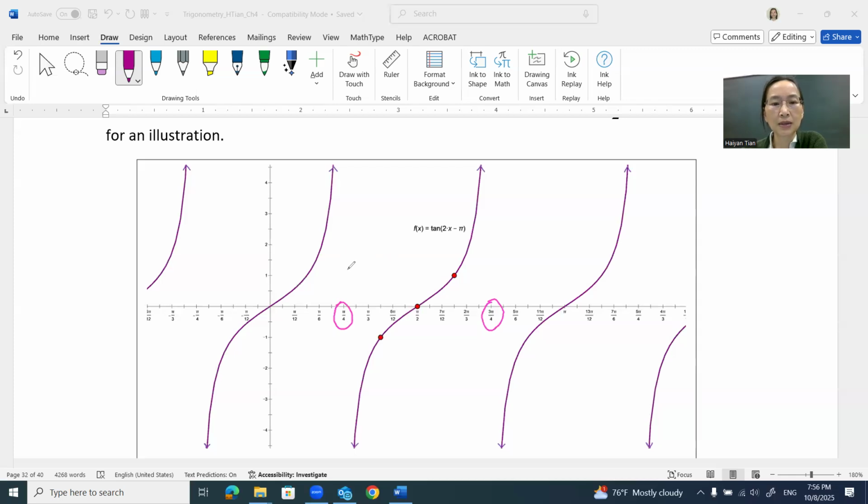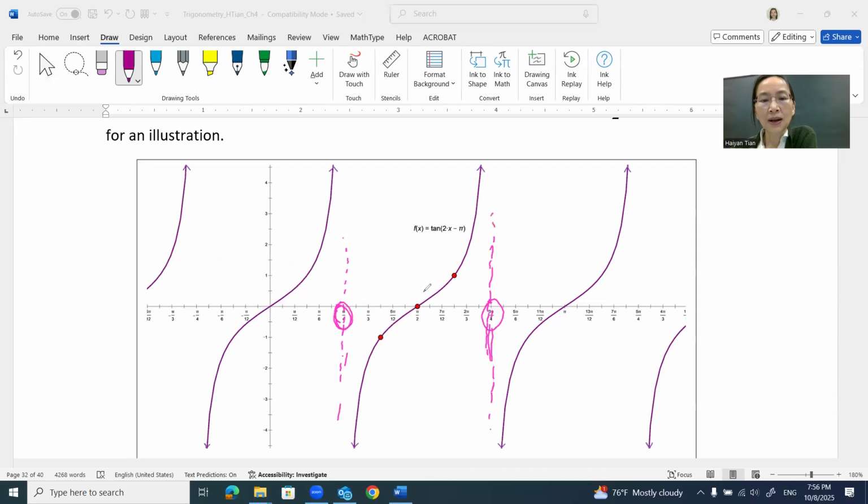And we can make sure that these are the vertical asymptotes for one period. So definitely the graph will not cross this because there's no function value at this x. So whenever x is pi over 4 or 3 pi over 4.